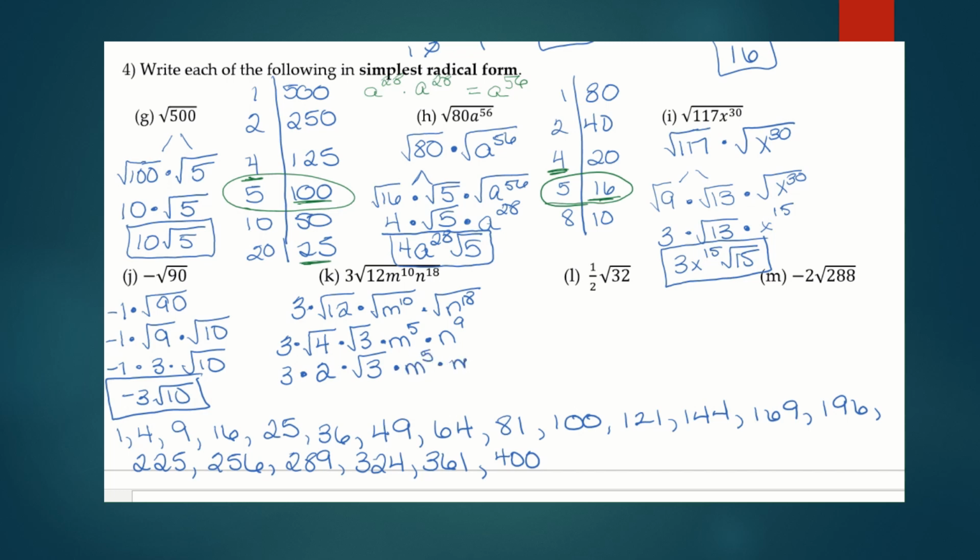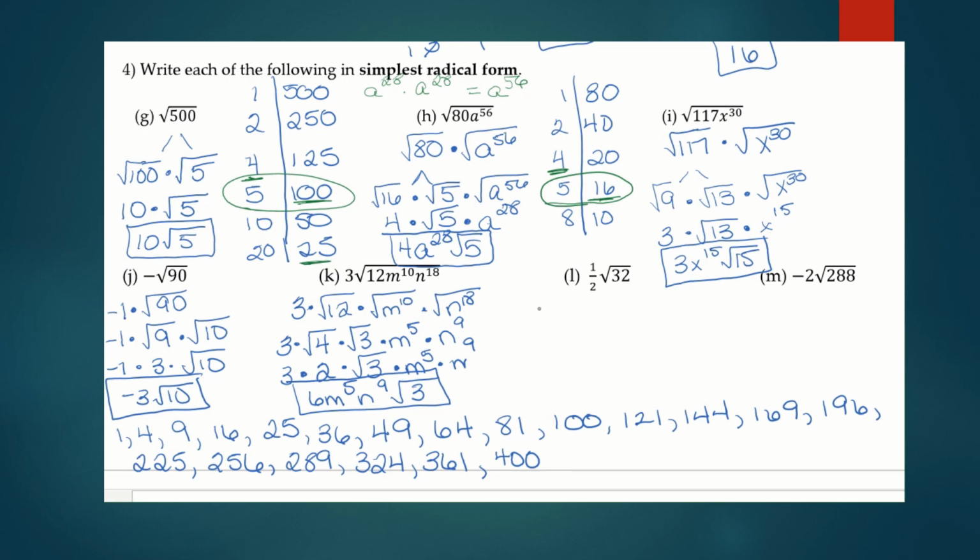And I'm going to bring down times m to the 5th and n to the 9th. I almost started to write another m there. Now I'm going to multiply or bring together everything on the outside of the square root. 3 times 2 is 6. M to the 5th first because m comes before n in the alphabet. N to the 9th. And then root 3. All right, sorry, I'm really squeezing a lot in here.